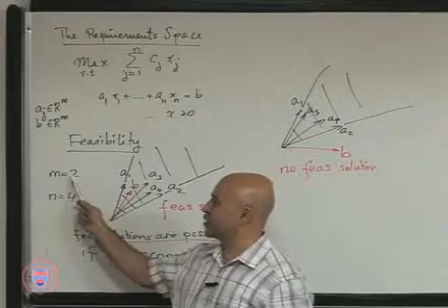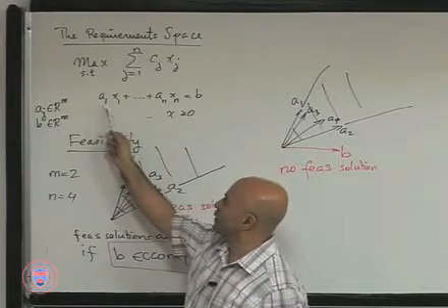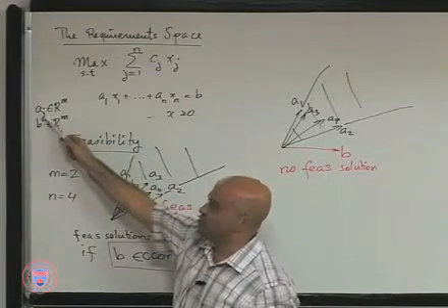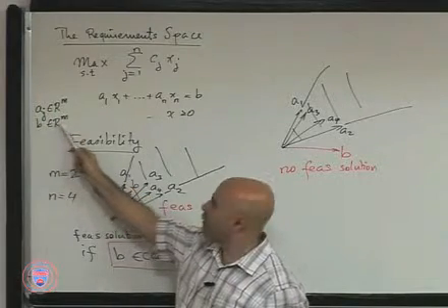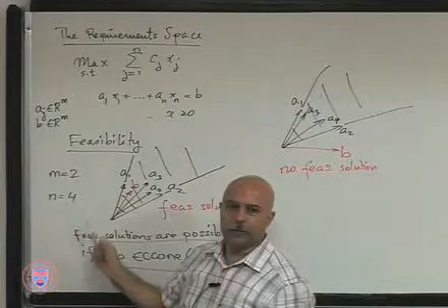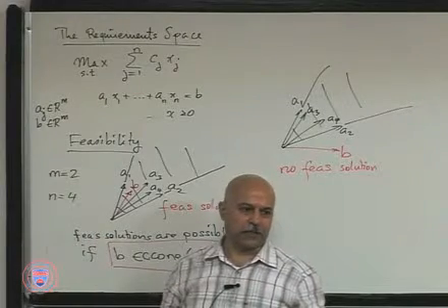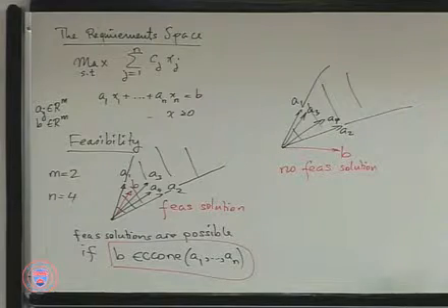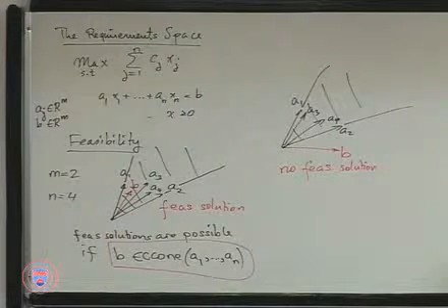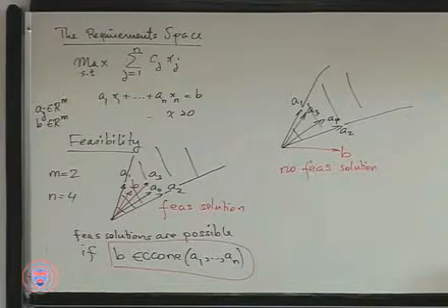M is the number of constraints or the dimension of the columns AJ as well as B. N is the number of variables, x1 through x4 in this example. Okay? Any other questions? Okay.